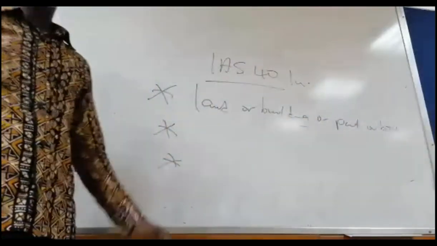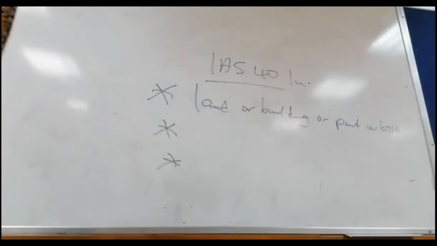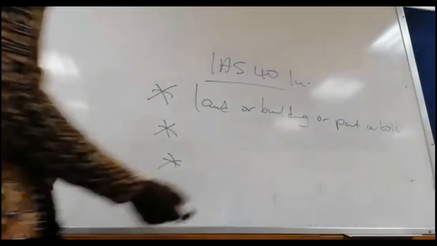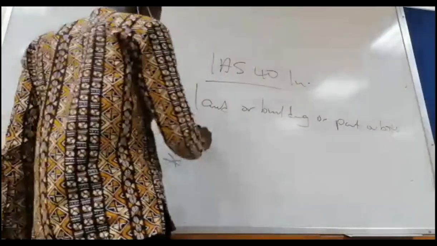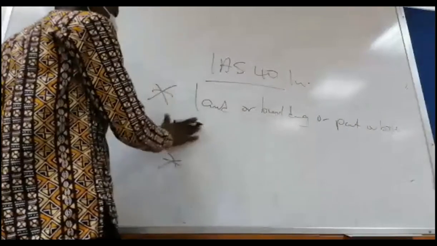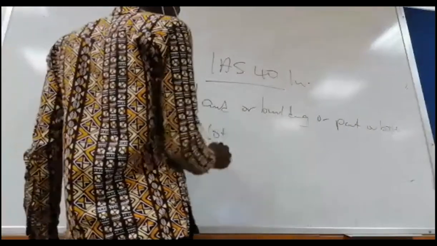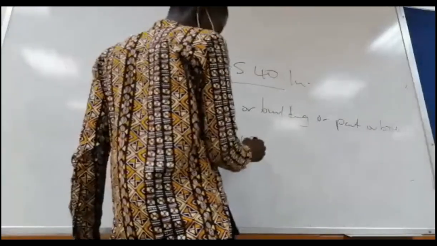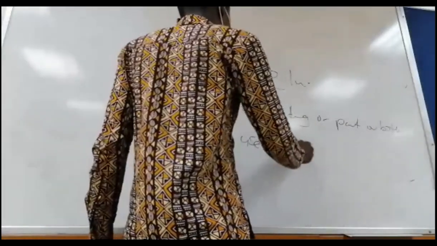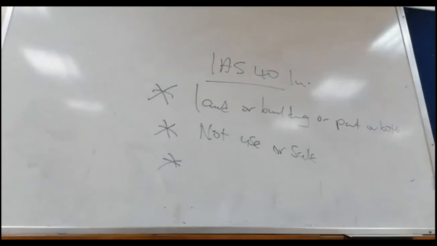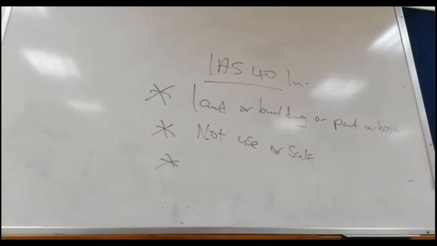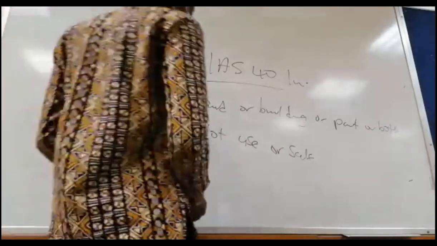First, property made up of land, building, or part or both. 2, acquired with an intention not for use in production or sale in an ordinary course of business.